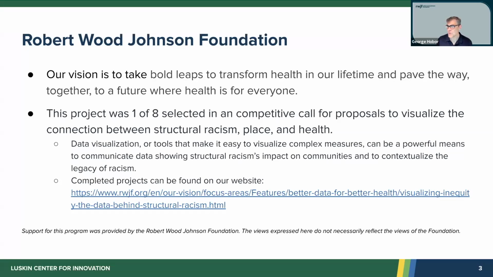So this project was one of 8 selected in a competitive call for proposals to visualize that connection between structural racism, place, and health. And like I said earlier, we've always relied on communications and data as a way to get important points across. So that was the point of this call for proposals.